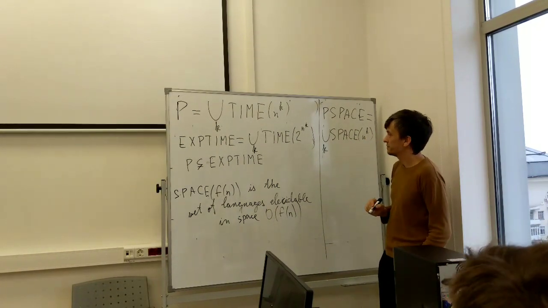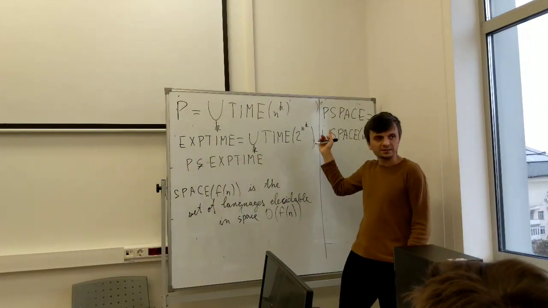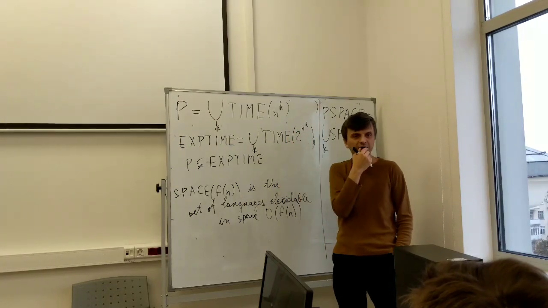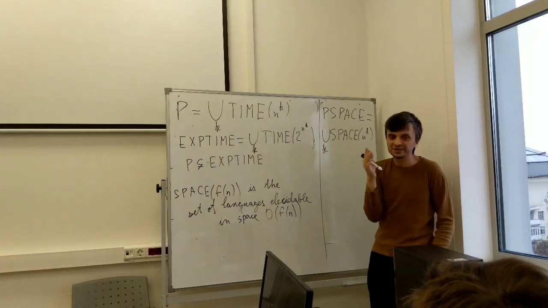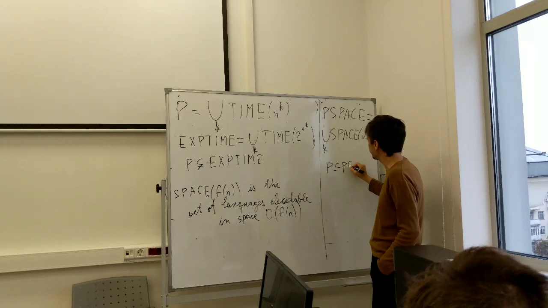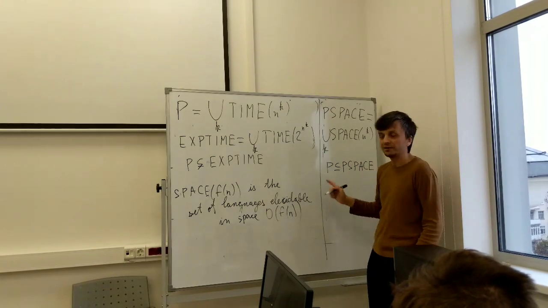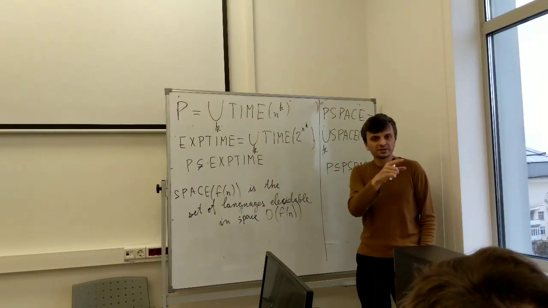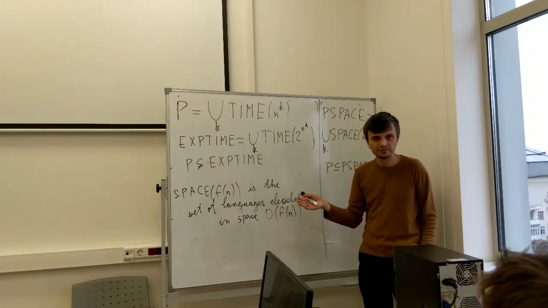So, what do you think? What's the relation between these three classes? P and PSPACE, which is bigger? Yeah, PSPACE is bigger, or potentially bigger at least. So we have that P is a subset of PSPACE. And this is because you can't use more than a polynomial number of cells in polynomial time.